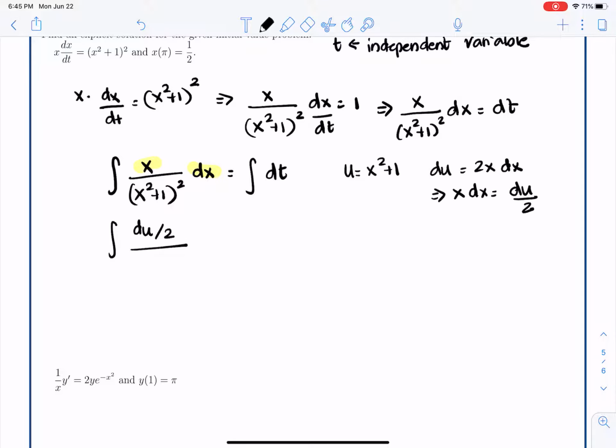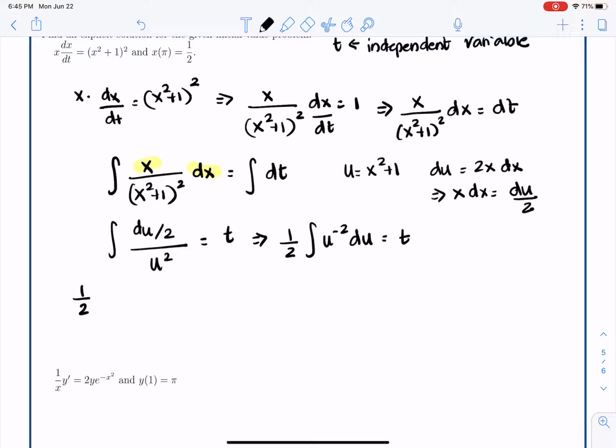The denominator is u squared. The right hand side would simply be t. I can move the u squared to the numerator and write it as u raised negative 2 du, and that would equal t.